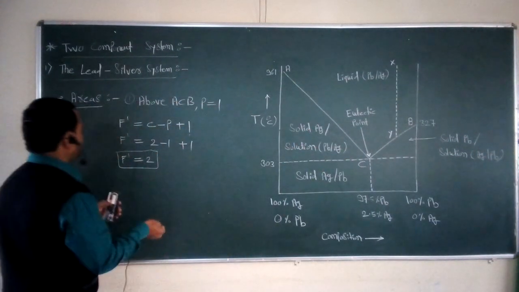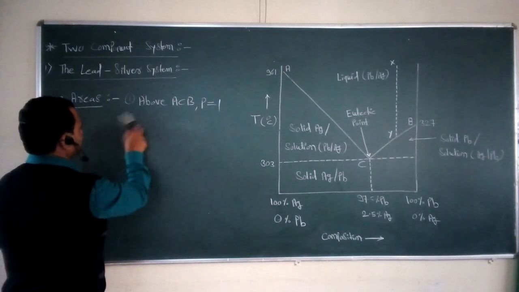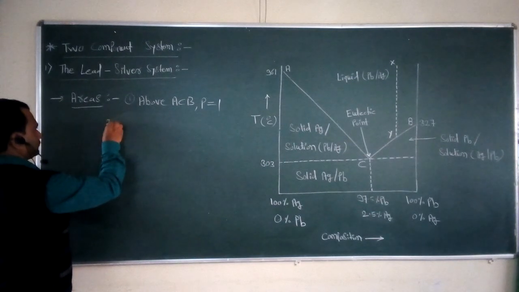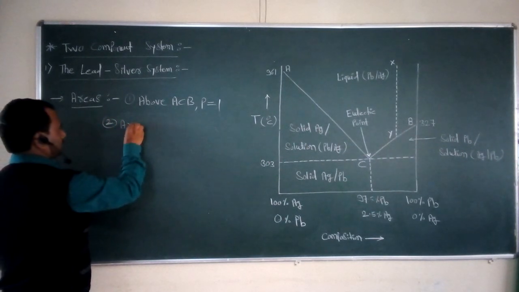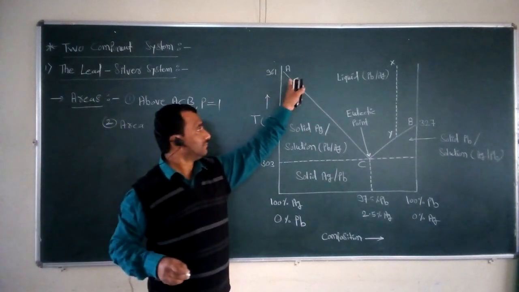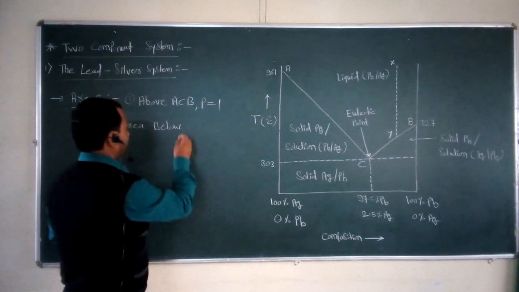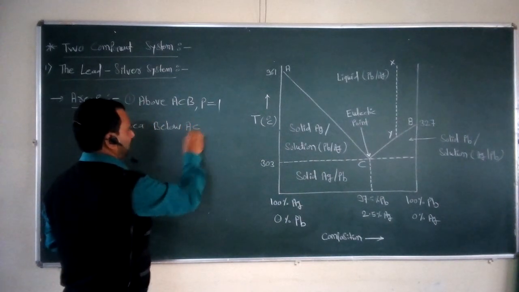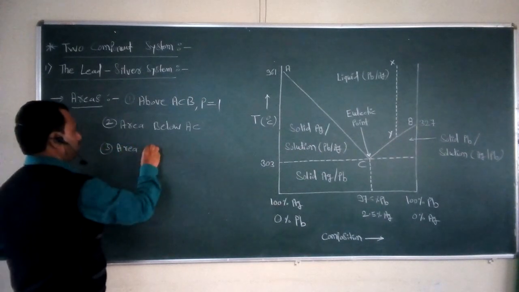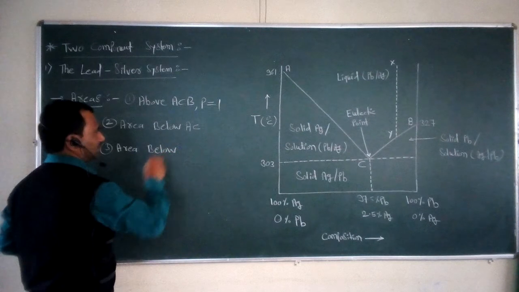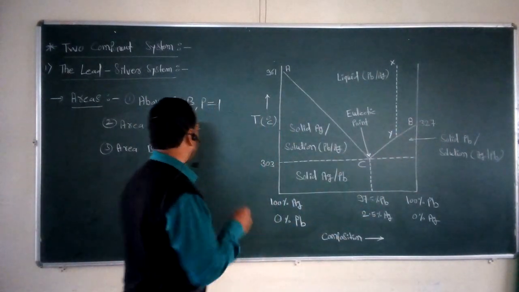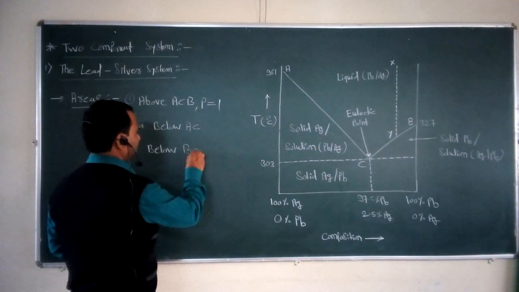This is the second important area, the area below AC, between A and point C. The next is the area below BC, between B and point C. So this is the third important area, below BC.